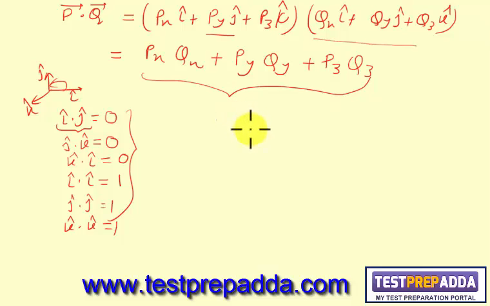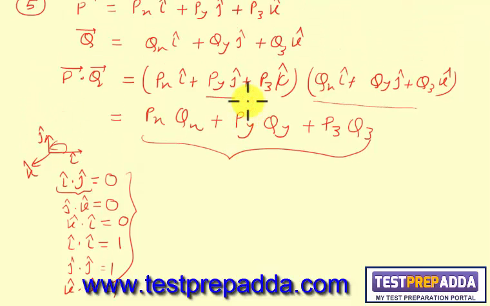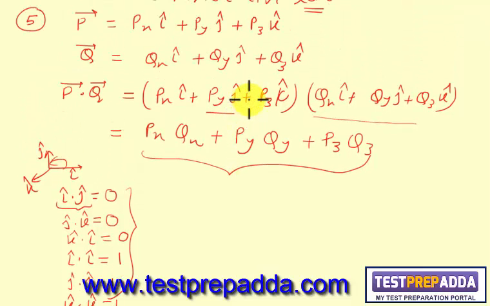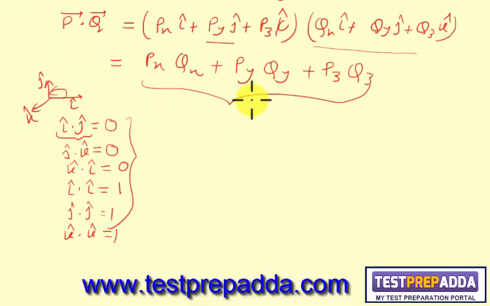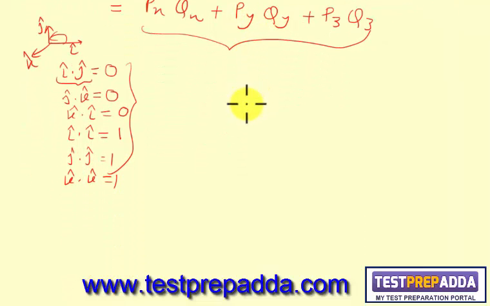Now, if you are asked to find the angle between P and Q, the two vectors which are given, Px i cap, Py j cap plus Pz k cap and Qx i cap, Qy j cap, Qz k cap, then what will you do?